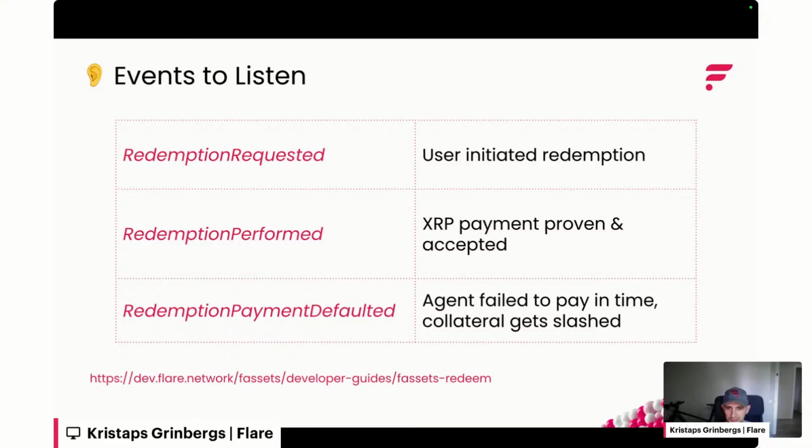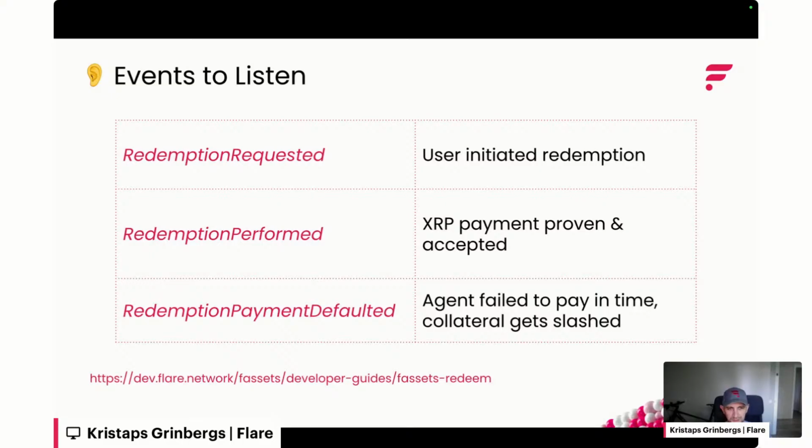There are many events, and actually the FAssets system relies heavily on events which are emitted in smart contracts. And here are three main events that you need to listen to in the redemption process. So the first one is redemption requested. That has important information about the redemption, like who is the redeemer, the agent vault or vaults.